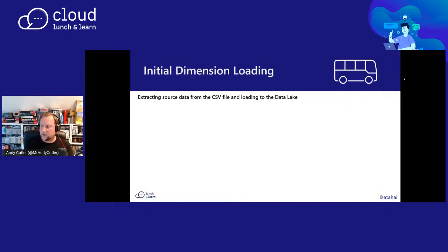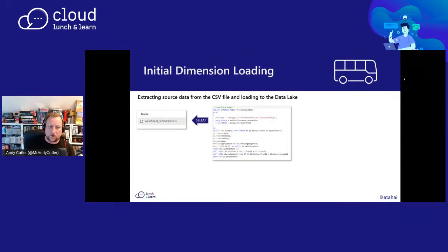So when we're looking at the initial dimension loading, we are going to use the create external table syntax, but we're using CTAS, create external table as select. And we're going to create a SQL query. We're going to generate a row number, a surrogate key.